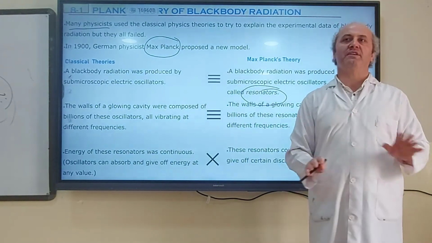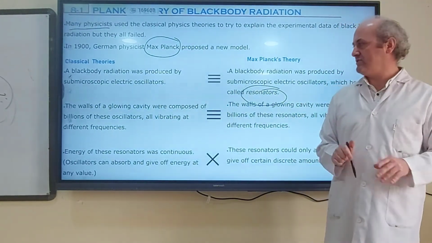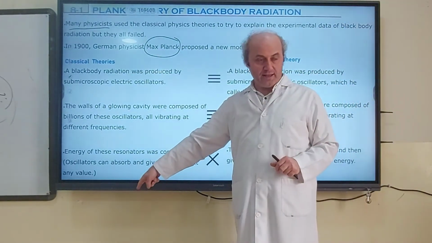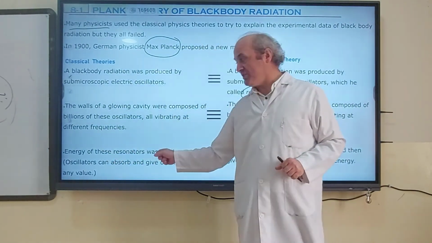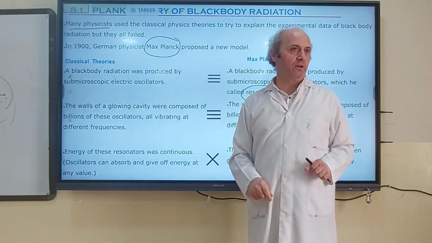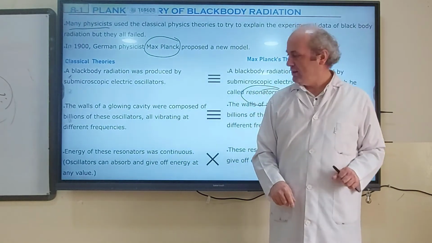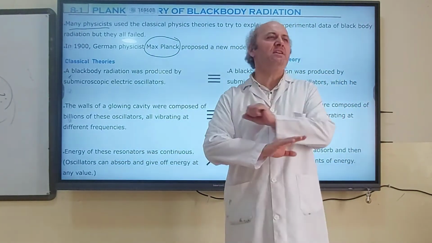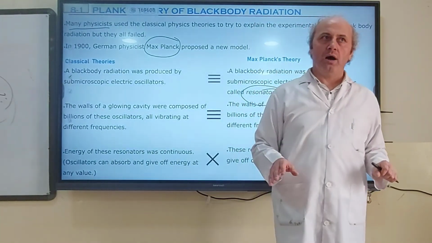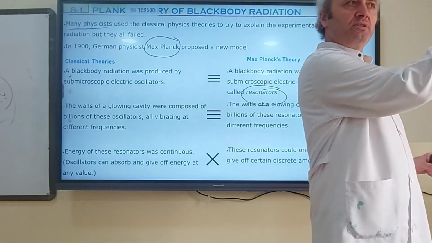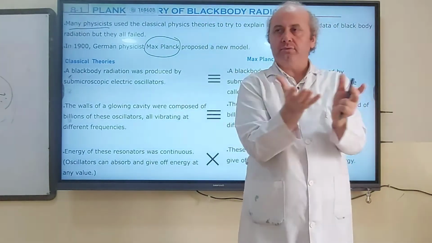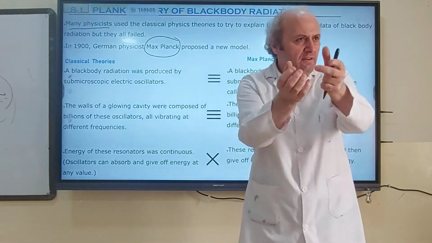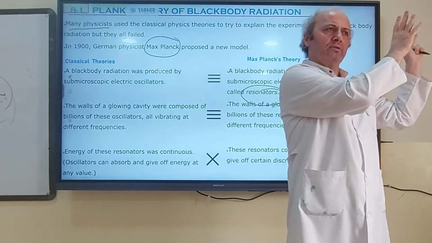But the third step is different. Classical theory says that the energy of these resonators is continuous. Oscillators can absorb and give off energy at any value. How much energy is given to this black body, they will take that energy and give it out.